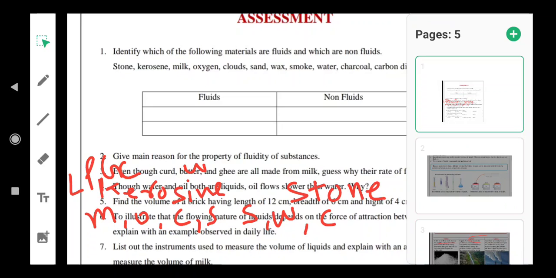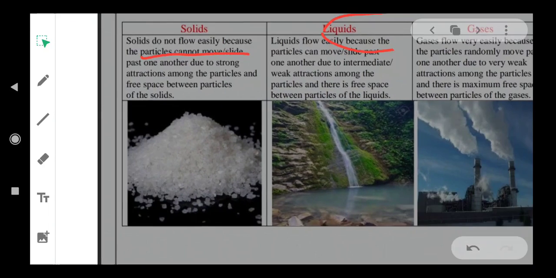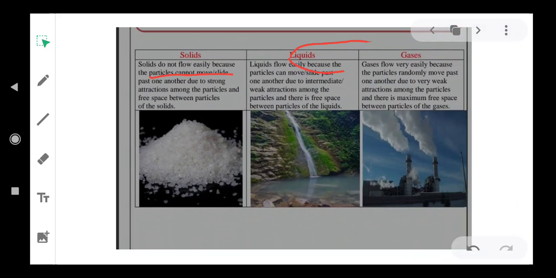See, we already discussed why liquids and gases flow. They flow because the particles can move past one another due to weak attractions among the particles, and there is free space between the particles. There is no need to write intermediate.